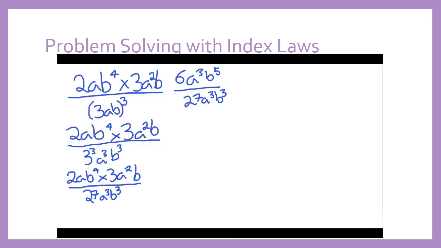Now I can simplify again with my division law. You can see here how I have an a to the power of 3 on the bottom and an a to the power of 3 on top. They are going to completely cancel out. This is a b to the 3 and a b to the 5, so I'm just going to subtract the powers. 5 minus 3, so I'll cross that one out and write a little 2 there instead.